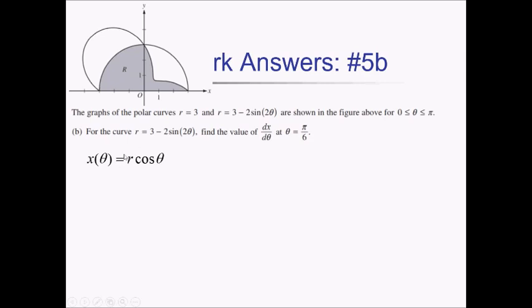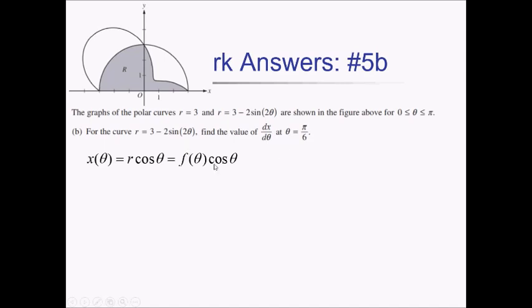In particular, the r value that we care about here is represented by the f of theta function that we renamed this to be. So this is a function for x of theta. Now, if I want to find dx over d theta at theta equals pi over 6, I basically just need x prime of theta for this function at pi over 6.